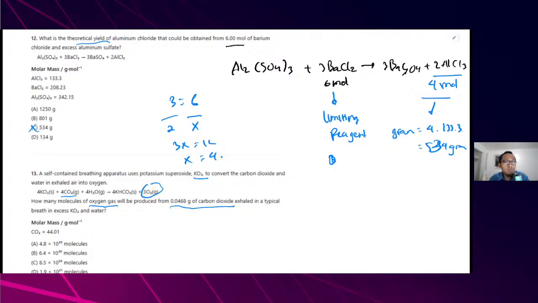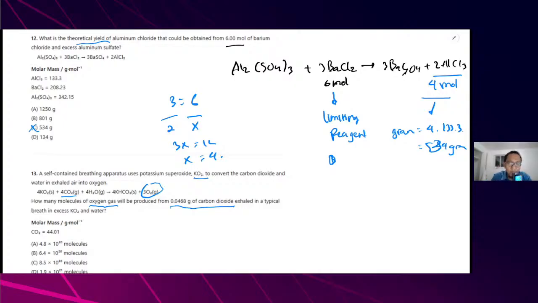We are asked how many molecules of O2 can be formed from 0.0468 gram CO2, assuming KO2 and H2O are in excess. Assuming both are in excess, we don't care about H2O or KO2. The first step is to convert grams of CO2 into moles of CO2.